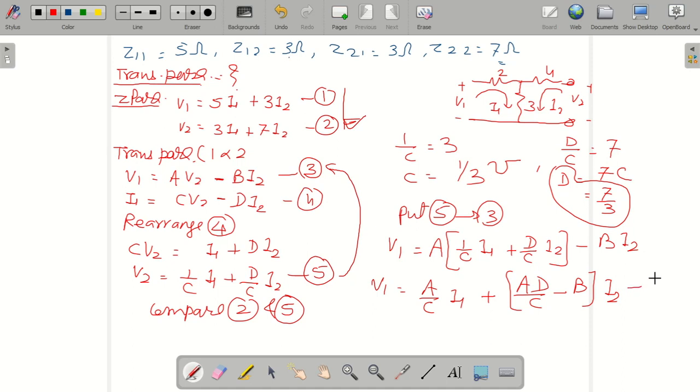So equation number 6. So you will get V1 in terms of I1 I2, right? So compare 1 and 6.